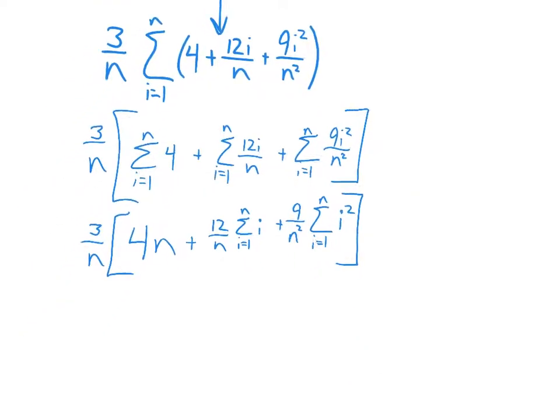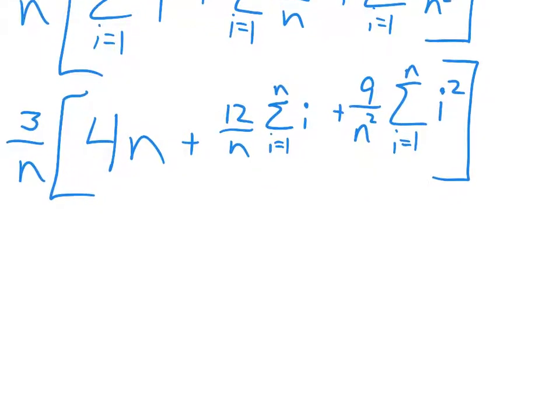So we have all of this, and now, because I know a formula for the sum of the integers, I'm going to plug that in. I also have the formula for the sum of the squares, so we're going to plug that in. Okay, so I still have this 3 over n. The 4n is just along for the ride at this point.